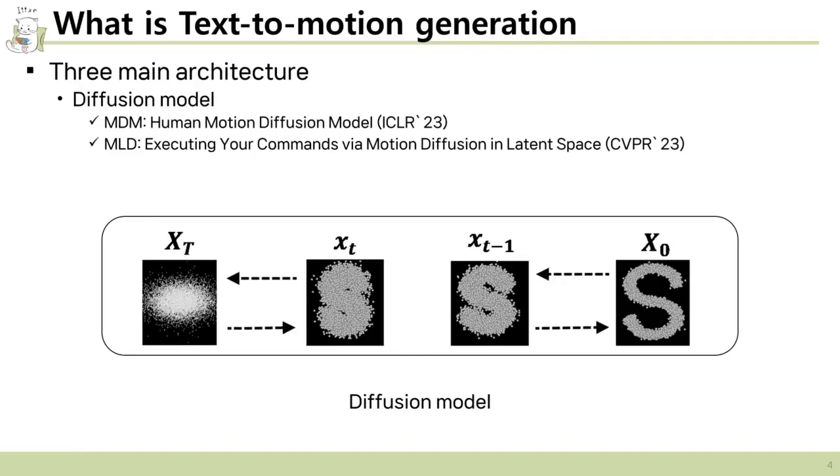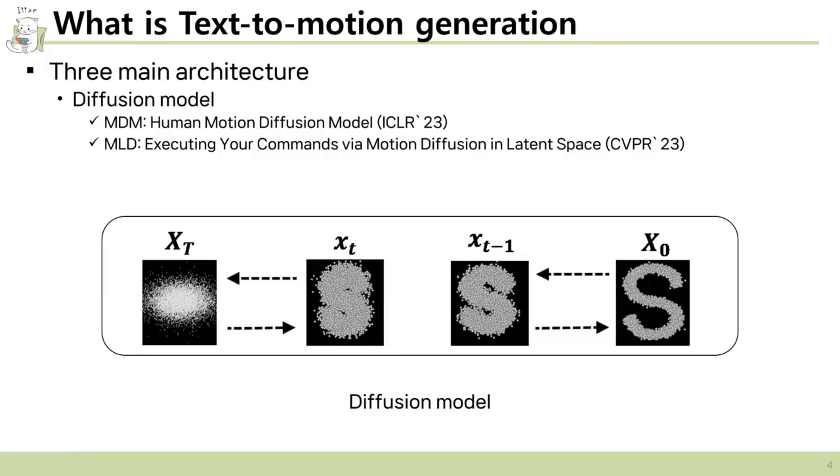Another important approach to text-to-motion generation is the diffusion model. Unlike the VQVAE, the diffusion model starts by generating random noise and then refines this noise over time, slowly converting it into a coherent and realistic motion sequence.